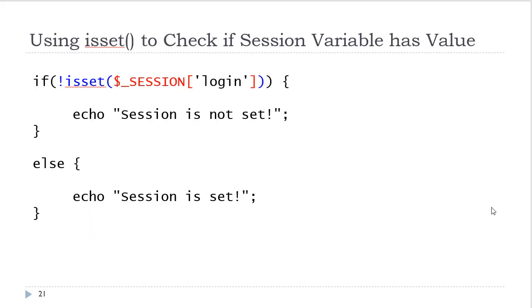We can also check to see if the session variable has a value by using the isset function. So I have a similar example here using not isset, and you can just use an echo statement so that you can see whether it is set or not.